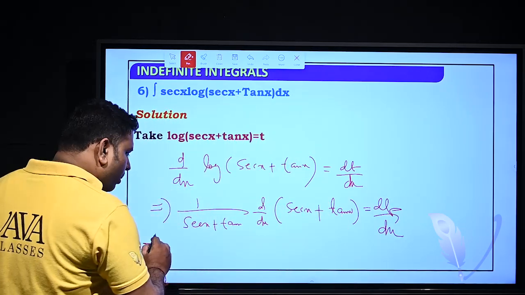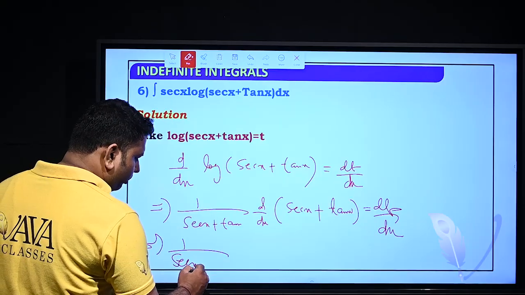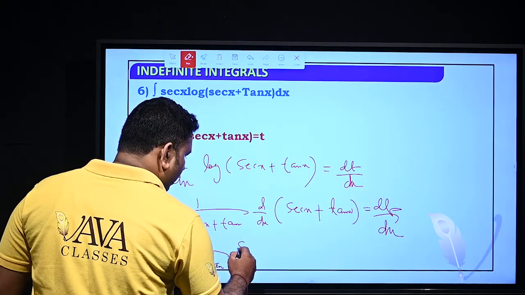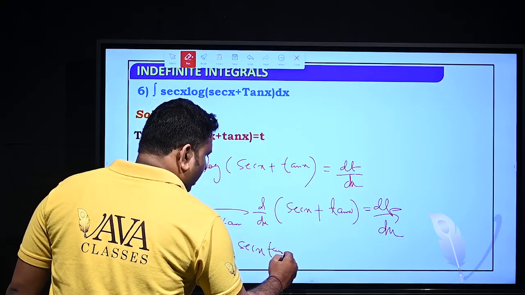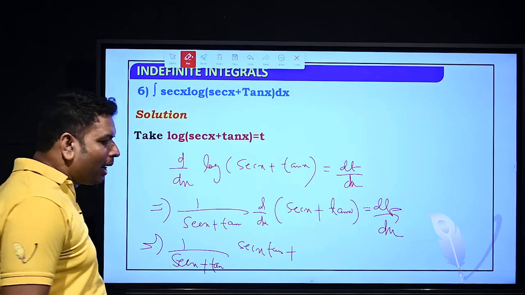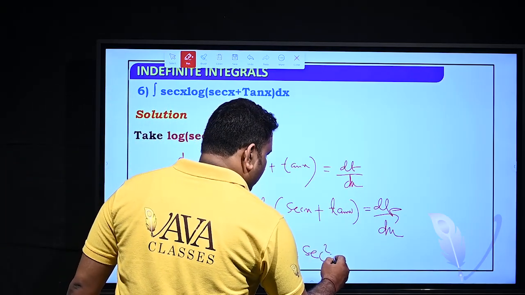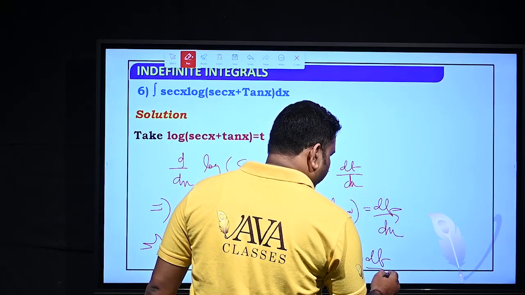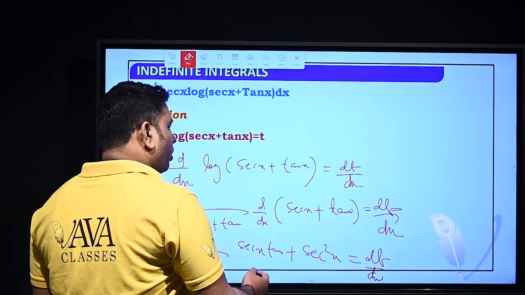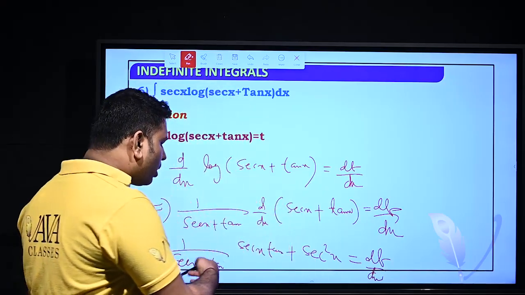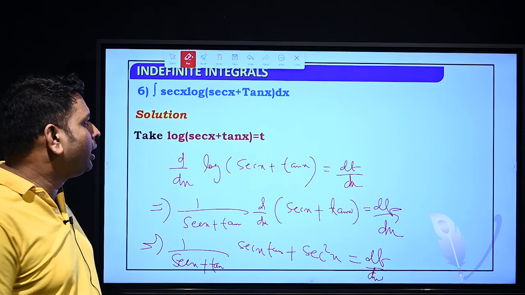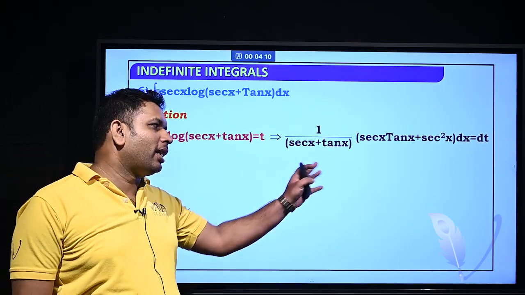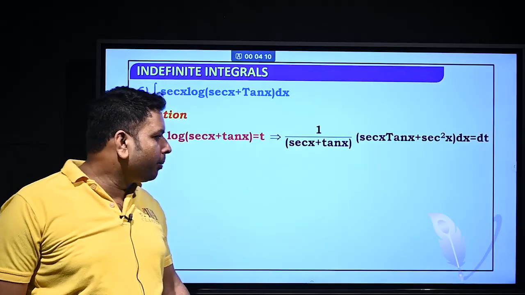So that implies 1 by (sec x plus tan x) into the derivative of sec x, which is sec x tan x, plus the derivative of tan x, which is sec square x, equal to dt by dx. So (sec x tan x plus sec square x) by (sec x plus tan x) equal to dt by dx. Okay, (sec x tan x plus sec square x) dx by (sec x plus tan x) equal to dt.